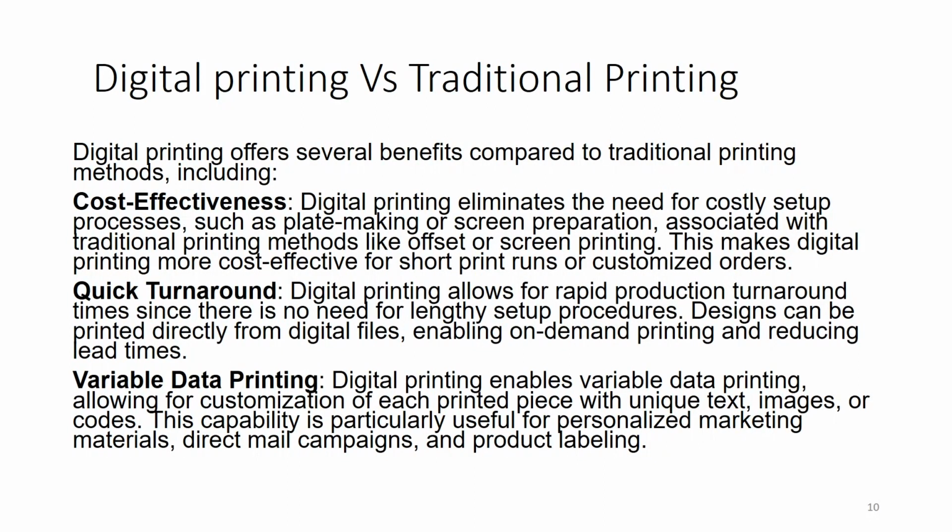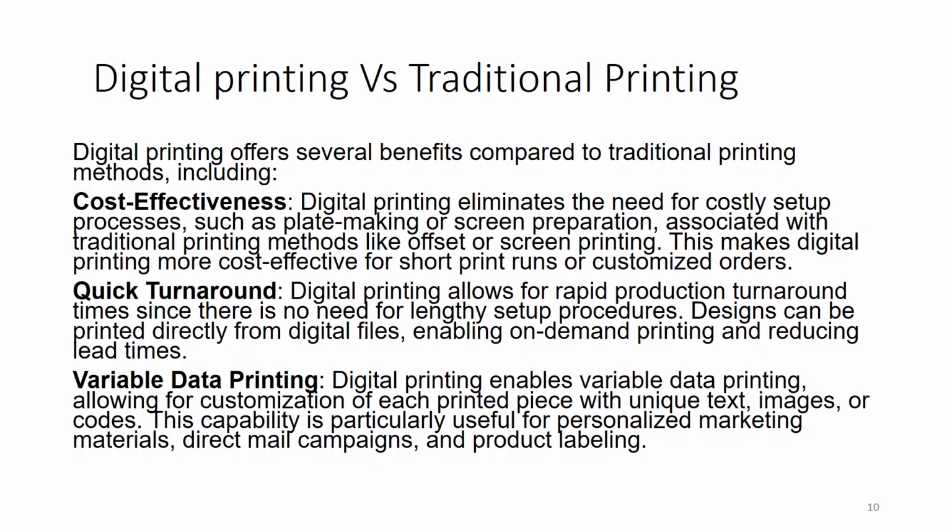Quick turnaround. Digital printing allows for rapid production turnaround times since there is no need for lengthy setup procedures. Designs can be printed directly from the digital files, enabling on-demand printing and reducing lead times. Variable data printing.